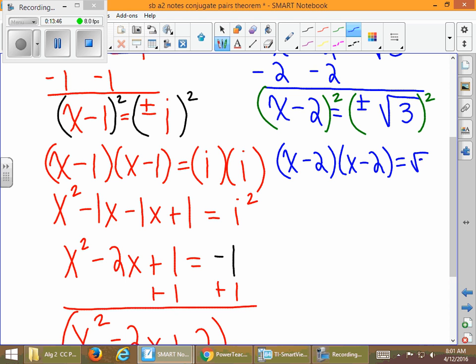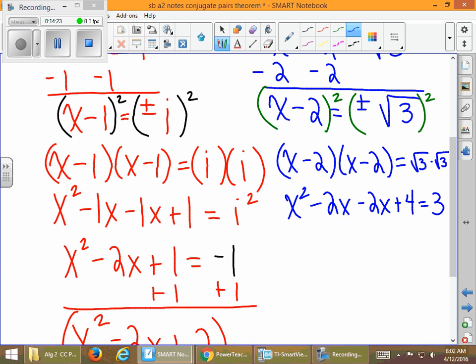This is radical 3 times radical 3. We're going to multiply those two parentheses together. We end up with x squared minus 2x minus 2x plus 4. And what's the square root of 3 times the square root of 3? It's just 3, right? Square rooting and squaring cancel each other out.